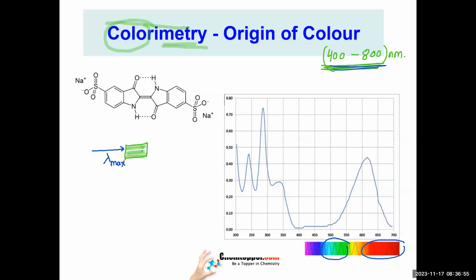Otherwise, no. Because you see here, there is the maximum absorbance. This is absorbance here. This is wavelength. So which wavelength is good for selection here? This one. You can see maximum absorbance. We call it lambda max.